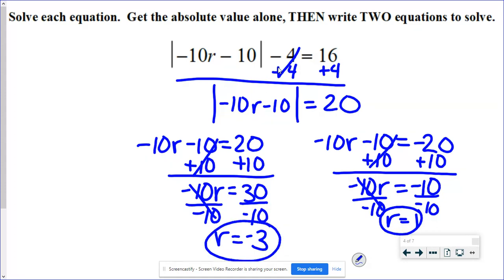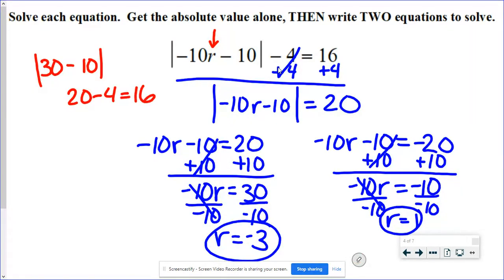Remember, you can check this by substituting them back into the original problem. So if I put the -3, for instance, right there for the r, negative 10 times -3 would be positive 30, minus 10 would be 20, and we're taking the absolute value of that, which is 20, minus 4 is 16. That one works.